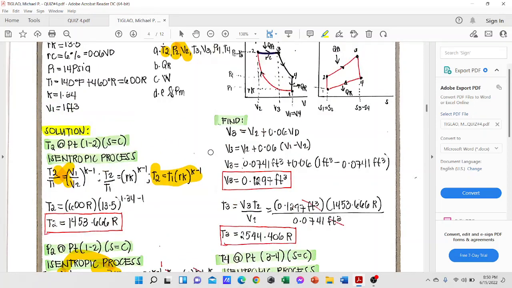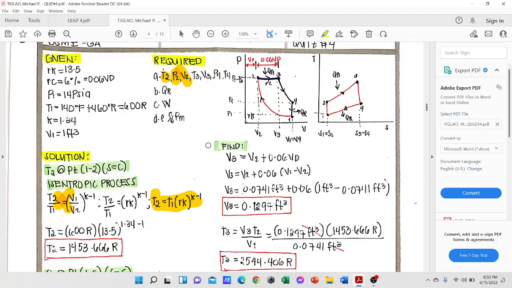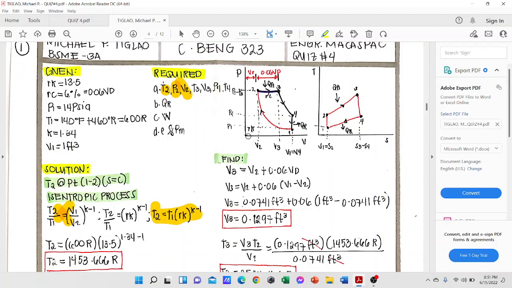Sa paghanap naman ng volume 3, kung i-analyze natin sa PV diagram, di ba? Sabi ko kanina yung RC natin is equal to 0.06 VD. Dito yon mag-start. Yan yung VD natin. By observation, makukuha natin yung V3.